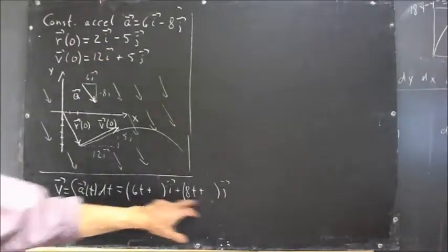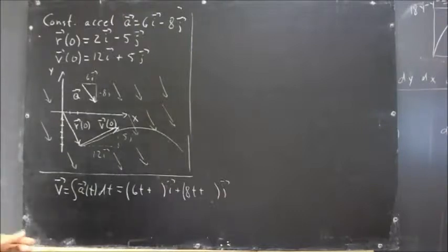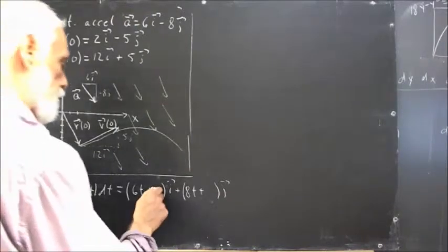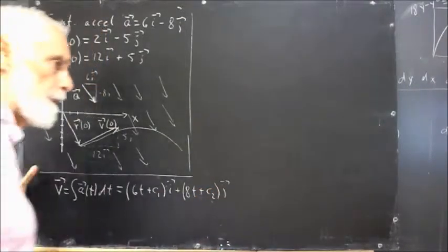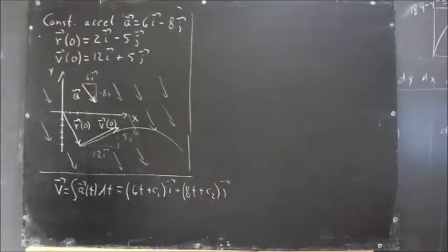Now, what's the constant here and here? Well, let's just go ahead and call these constants C1 and C2. And you might well see where this is heading already, but if not, stay with us.